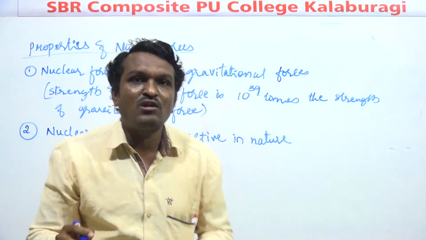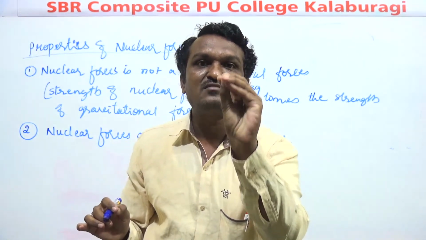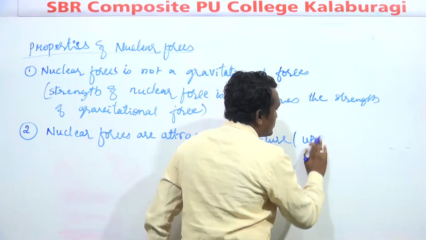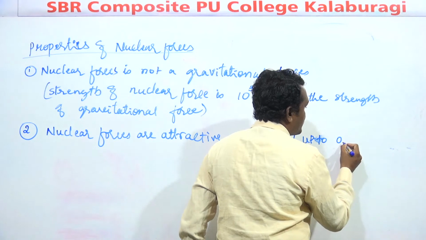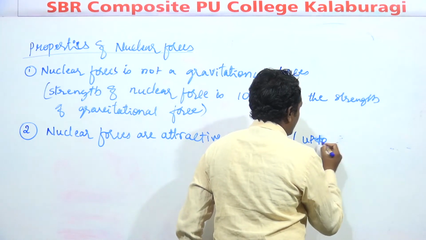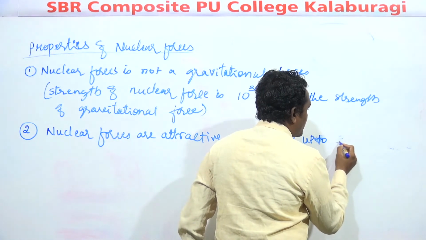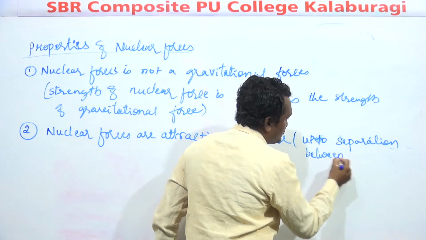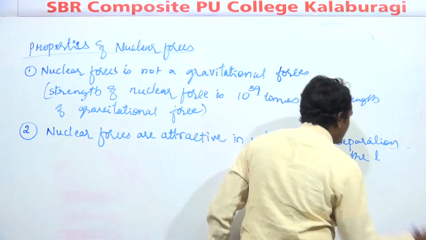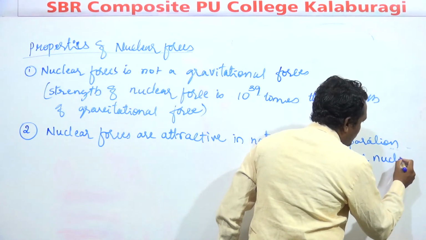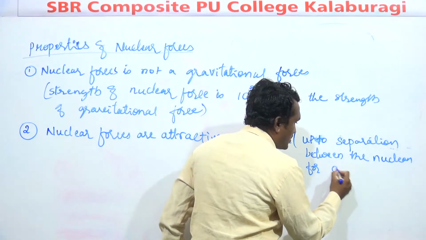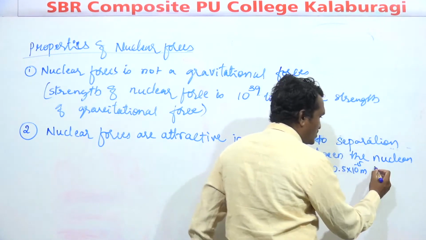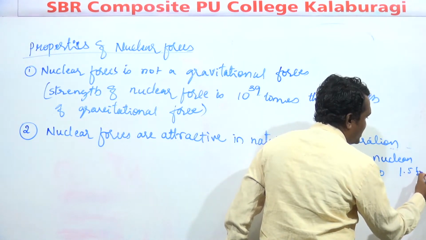It is attractive in nature only up to a certain separation between the nucleons, from 0.5 into 10 to the power minus 15 meter, that is 0.5 Fermi, to around 1.5 Fermi.